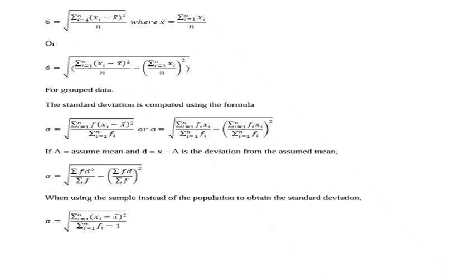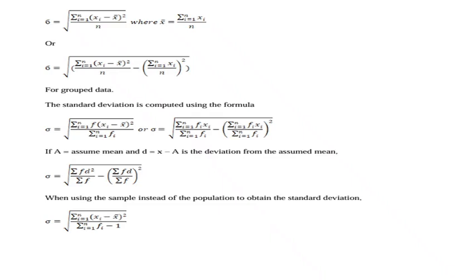Our mu is still our x bar, but since we are considering the standard deviation for the whole population, we use mu. But when we are considering a sample, that is when we use x bar. It can also be the square root of 1 over n summation i ranges from 1 to n xi squared minus, open a bracket, 1 over n summation xi, all squared.